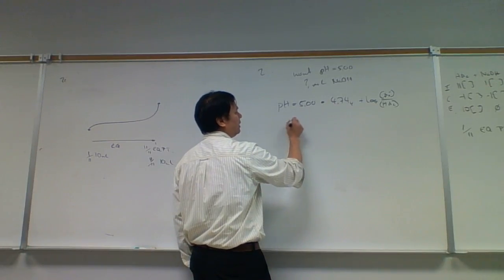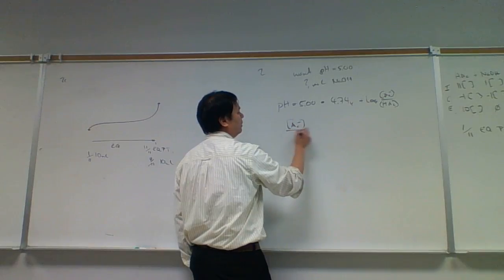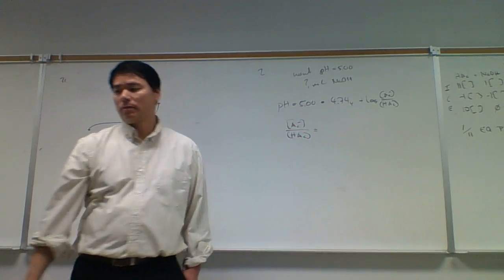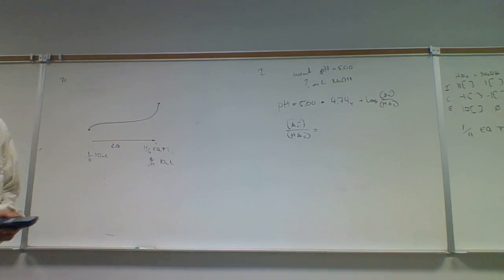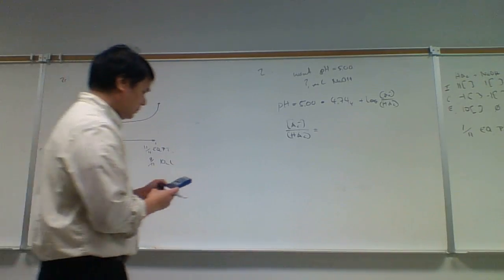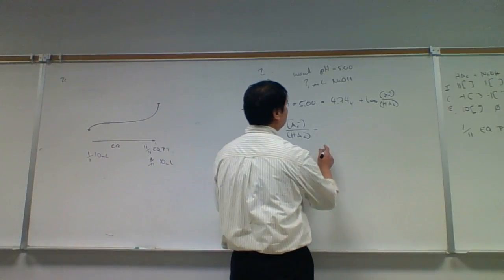And so we get the log of the acetate over HAC ratio is equal to 5 minus 4.74. Take the log of that. Minus 0.59.